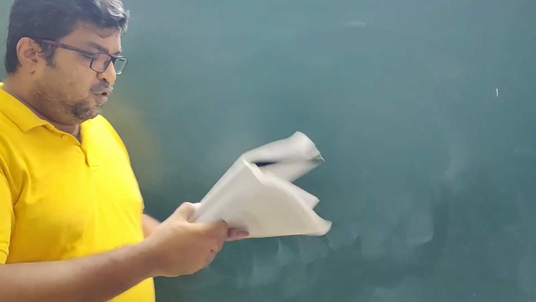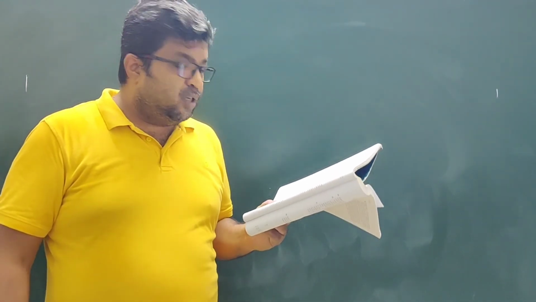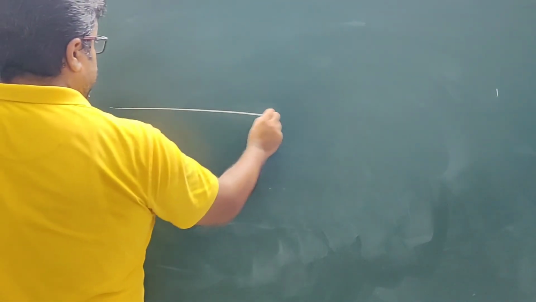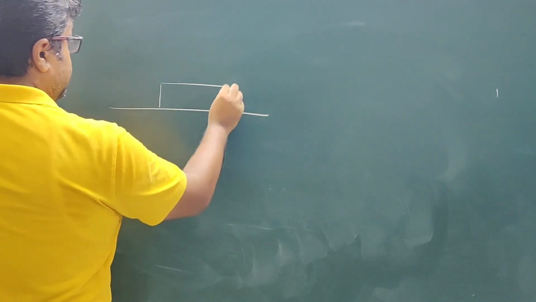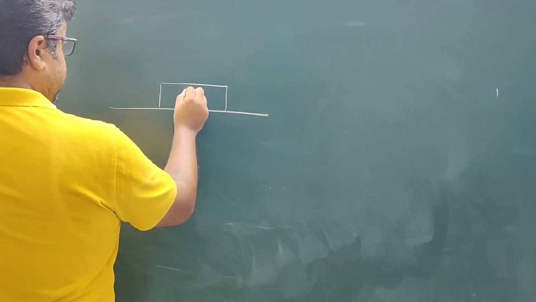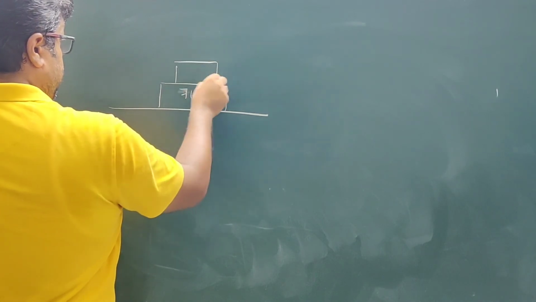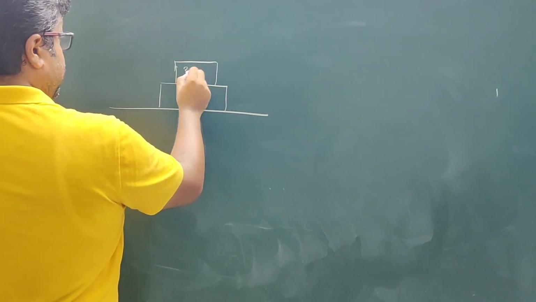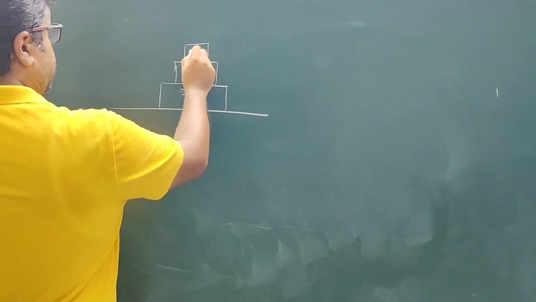Another interesting question from the Concepts of Physics friction chapter. This is question number 23. You have this horizontal surface, and then you have a block of mass 7 kg, over it another block of mass 3 kg, and another block of mass 2 kg.